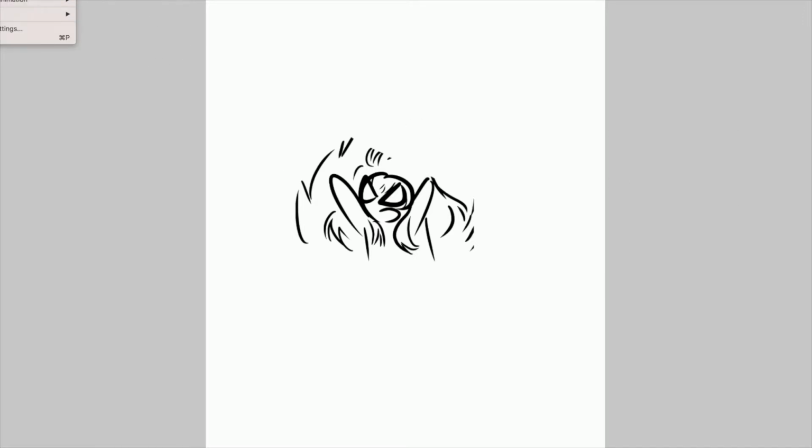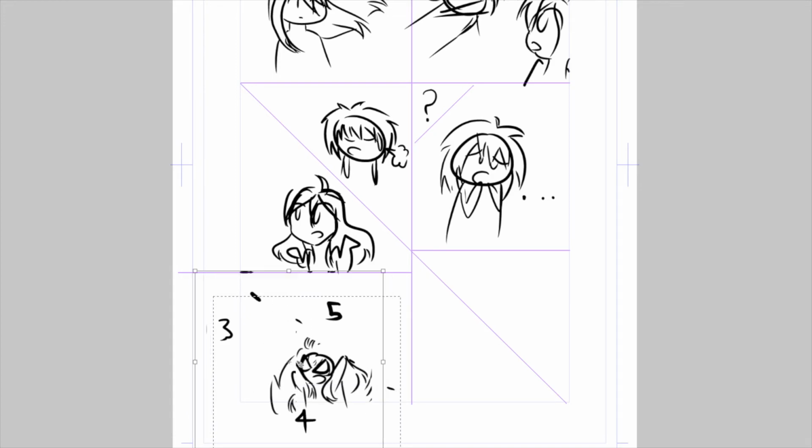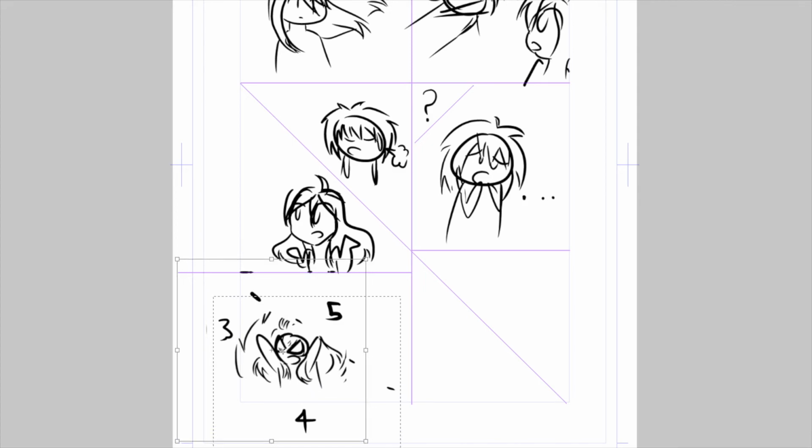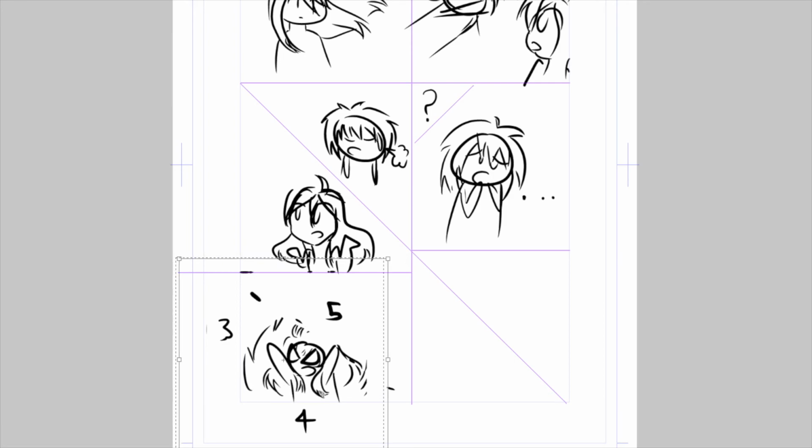And then if we resize it, then you can see that it fits perfectly into the frame.